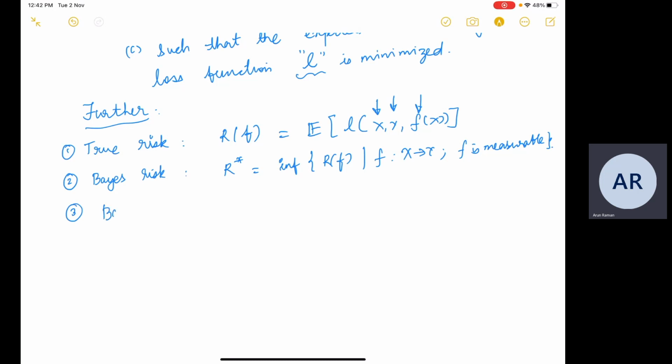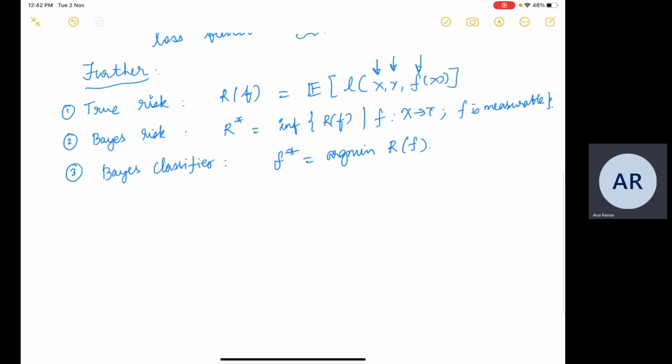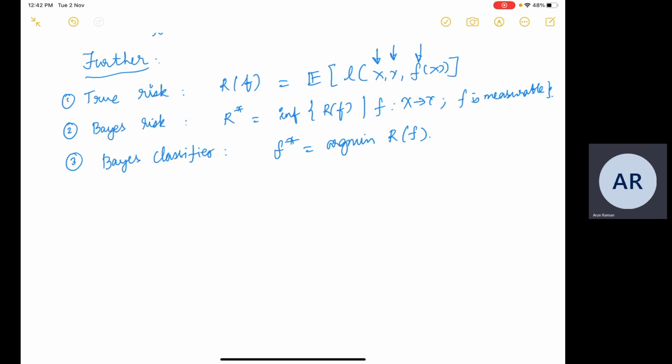And some other notations that we had is that the Bayes classifier is the function that minimizes the risk. So the best function that we can achieve is the Bayes classifier that will be denoted by f star.